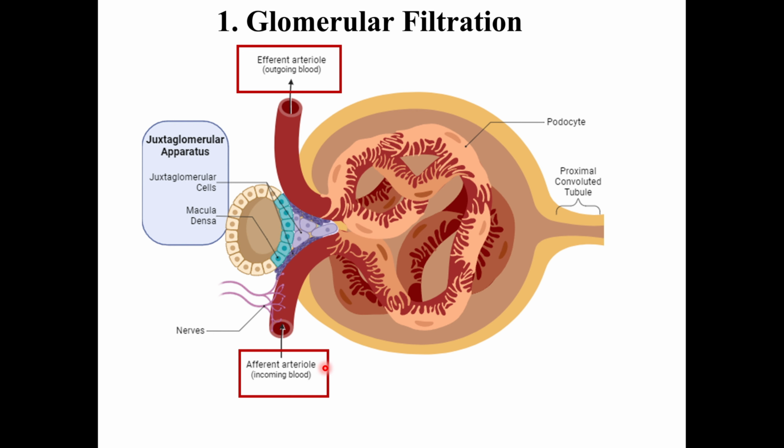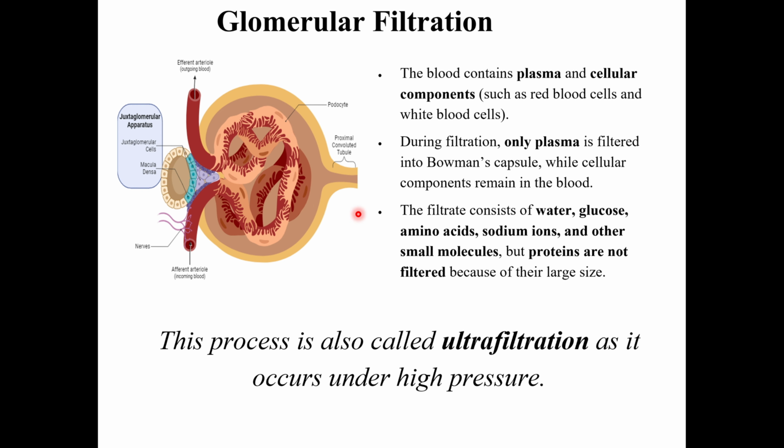This process is called ultrafiltration, as it occurs in a high pressure region. I have told you why the pressure is more, because the afferent arteriole has a wider diameter than the efferent arteriole. The filtrate fluid is now called the glomerular filtrate and moves into the proximal convoluted tubule.